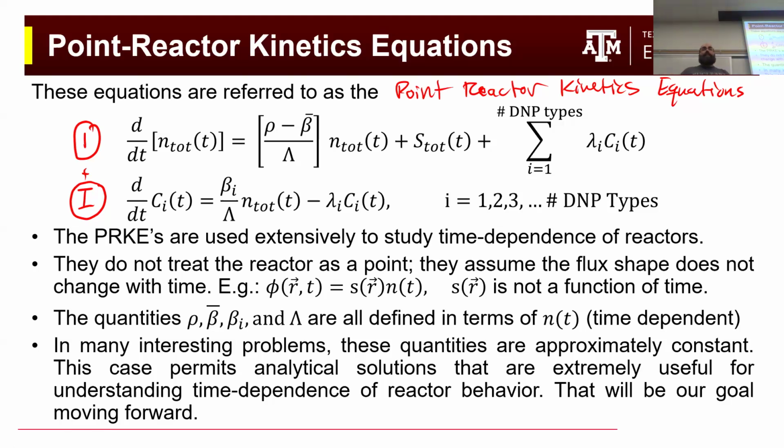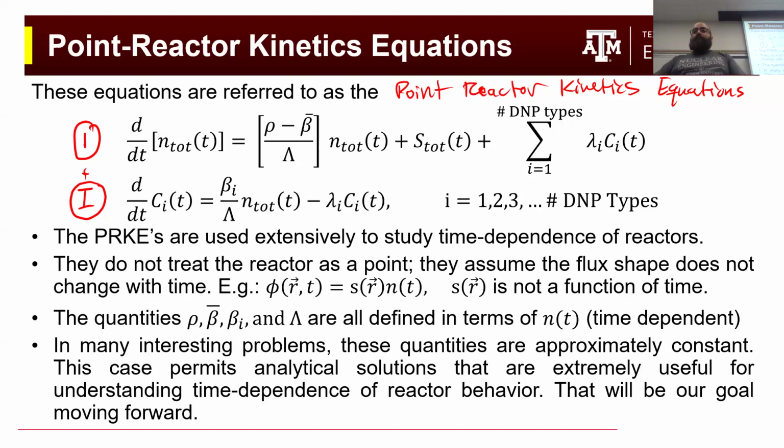The point reactor kinetics equations are like one of the most, along with like one group diffusion to understand how neutrons distribute themselves spatially in a reactor, which is a very useful model. The point reactor kinetics equations are super useful to understand how these systems evolve with time.